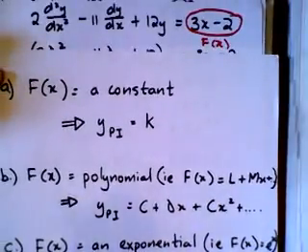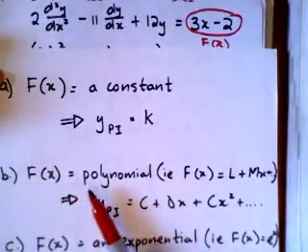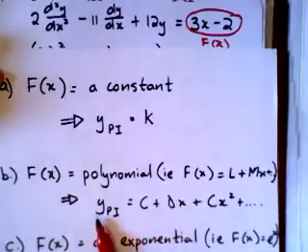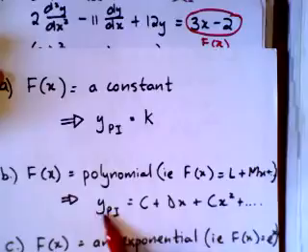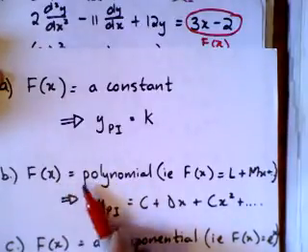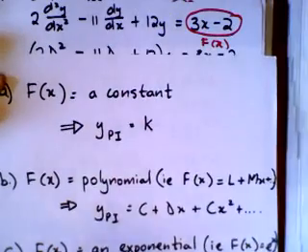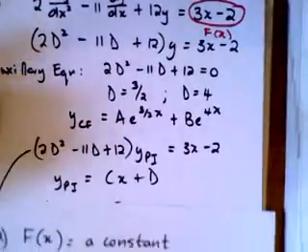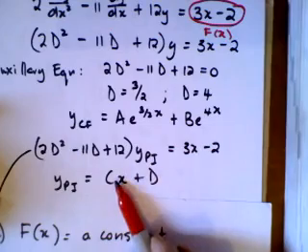According to the general table, if your function f(x) is equal to a polynomial, then you can assume that y_PI is also going to have the form of a polynomial. And the polynomial of y_PI would have the same power as the polynomial of f(x), just like in the example. We had f(x) to the power 1, and the assumption for y_PI was also to the power 1.